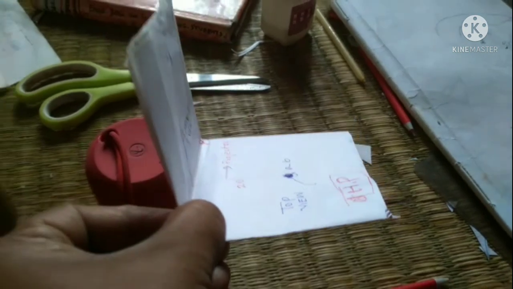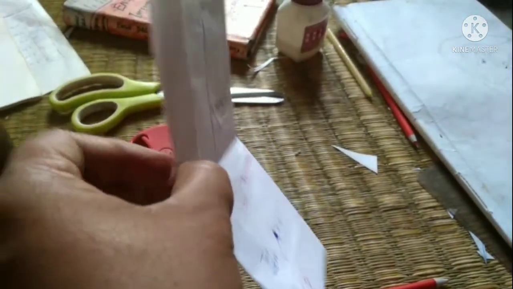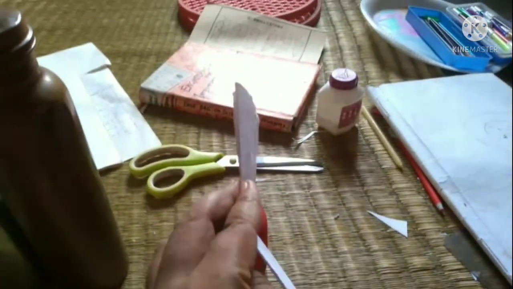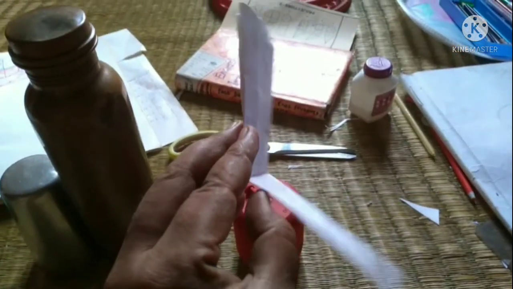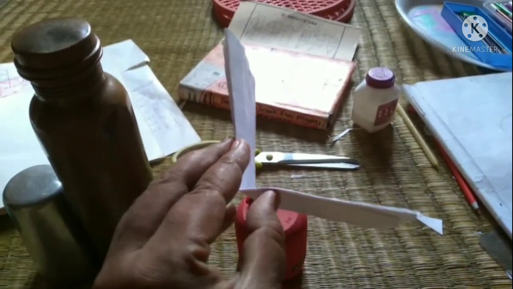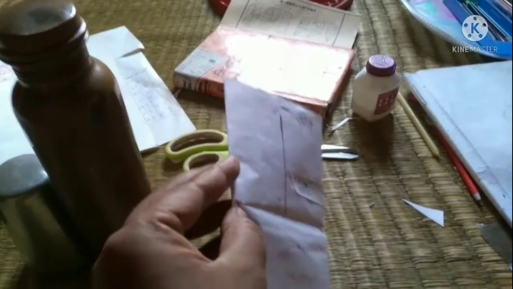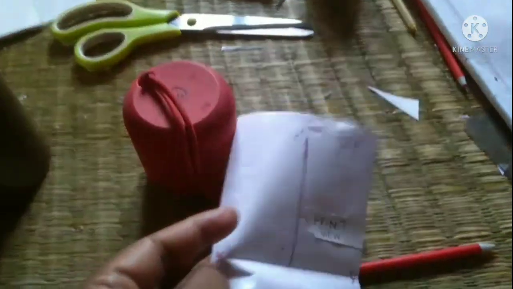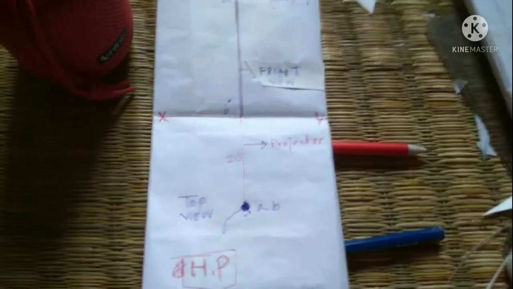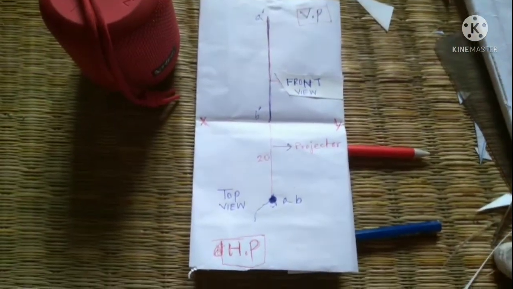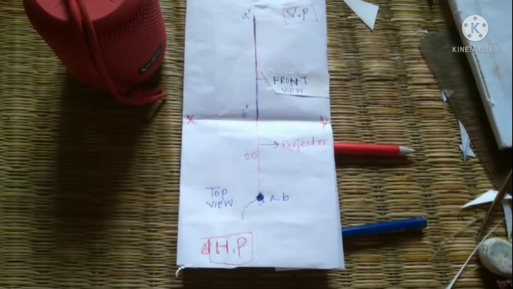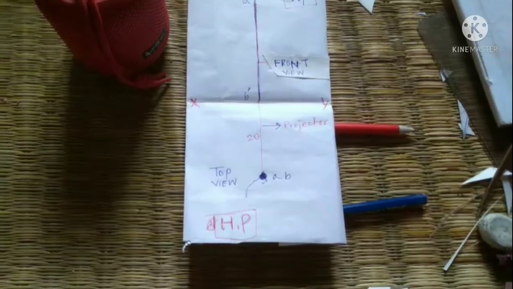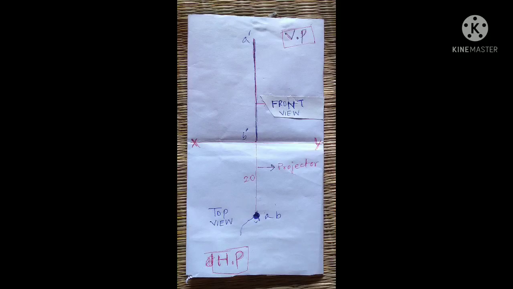Now we unfold the paper by rotating the HP by 90 degrees, only the HP, because the VP will stay in its position. In this way we get the actual drawing, which we will do in our worksheet or drawing paper. Study this thoroughly.